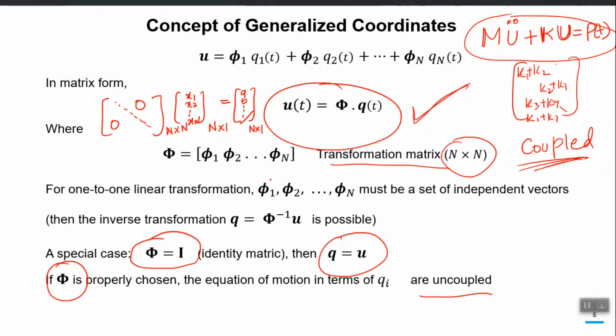Now this is a matrix equation which is uncoupled, because you can take out one equation at a time and solve for x1, x2, because off-diagonal terms are 0.